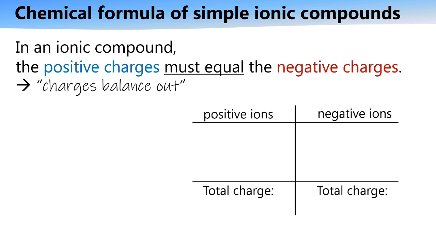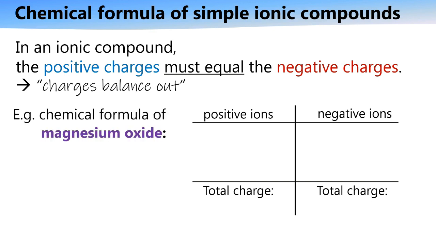Okay, let's look at another example. Magnesium oxide. If you find magnesium in the periodic table, it will form a 2+ ion. And as you have learned, oxide comes from oxygen, and oxygen will form the oxide ion of O2-. What are the total charges so far?